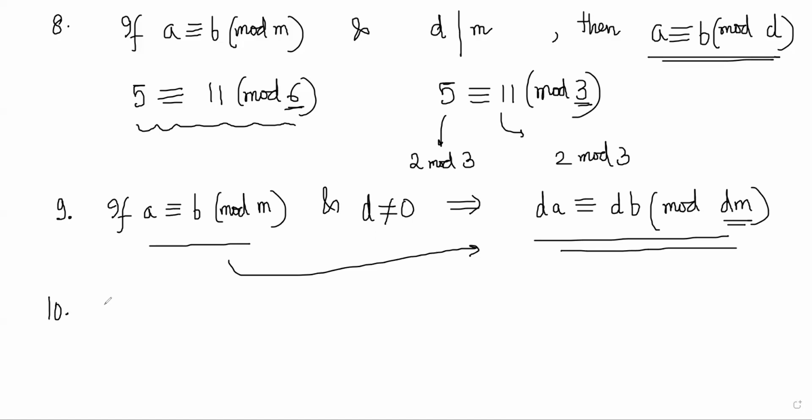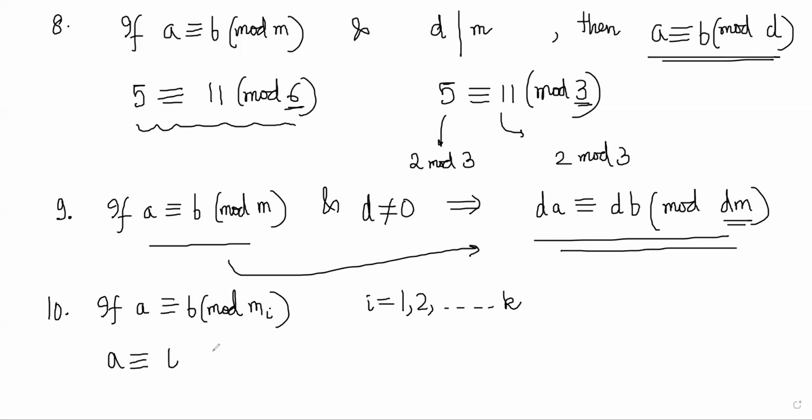The next property is this one. If A is congruent to B mod mi, where i can go from 1 to k, then A will be congruent to B mod the LCM of all of these mi's.